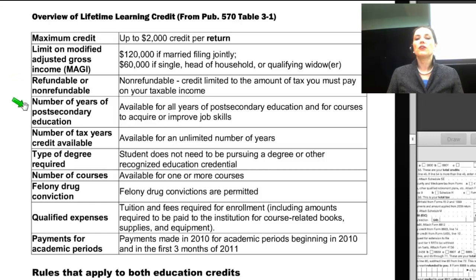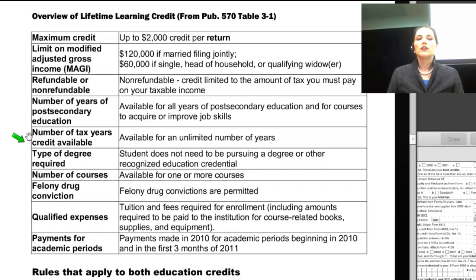Number of years of post-secondary education. This credit is available for all years of post-secondary education and for courses to acquire or improve job skills. Number of tax years that the credit is available. It is available for an unlimited number of years. Type of degree required. The student does not need to be pursuing a degree or other recognized educational credential. Number of courses. It's available if you are taking one or more courses.